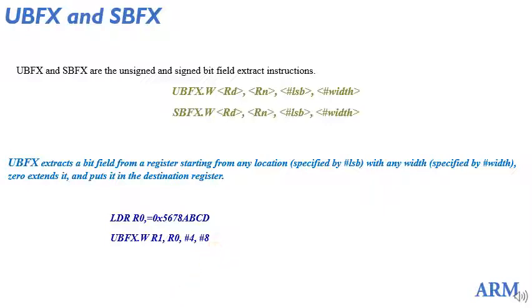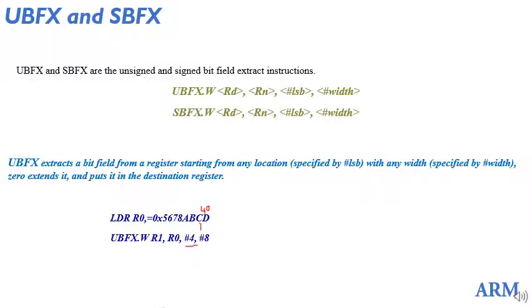Okay, so before going for the execution of this instruction, I will just locate the bit numbers. So this D will start from bit number 0. This will start from bit number 4. So #lsb, this one, that is bit number 4.